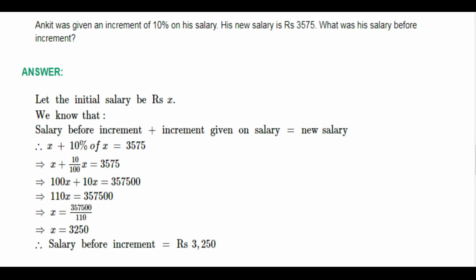So X is the initial salary and it is increasing by 10% of X. So X plus 10% of X is the present salary, and the present salary is given as 3575. So we form the equation X plus 10% of X equals 3575, and if we solve the equation we find the value of X as 3250. So salary before increment is rupees 3250.